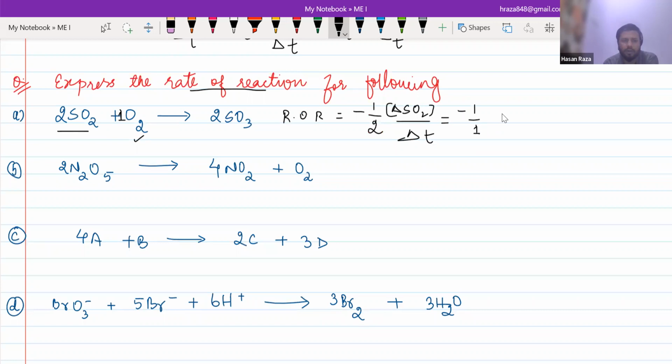So whether you write it 1 or not does not matter. It will not affect it. Now, this is product, so I'm going to put a positive sign, and then what is the coefficient, and then delta O2 upon delta t. Have you done it correctly? Yes or no?